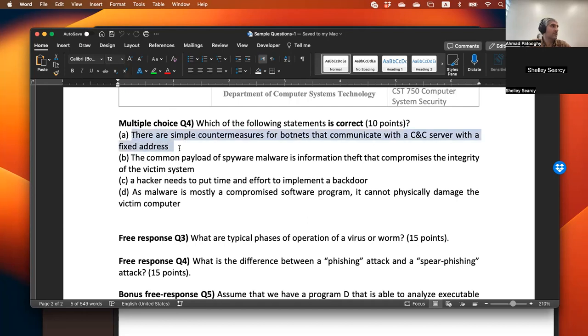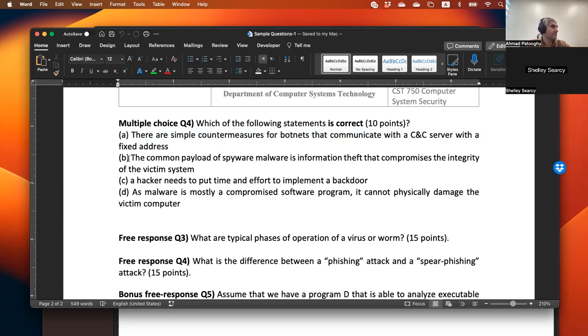This seems to be correct because, if you remember, for those botnets, or networks of bots, that use a static IP address for their CNC server, the moment the security engineer identifies that server, they can just tag that server and disconnect it or try to blacklist it, something like that. So this seems to be correct, but let's go forward now.